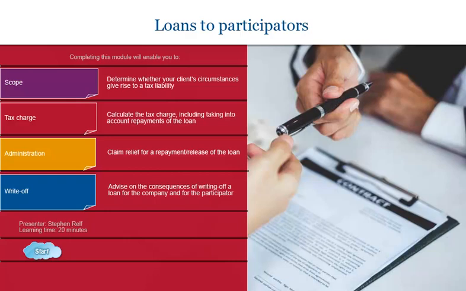Finally, we'll consider the consequences for the company and the participator where the loan is written off. Please note that we will not cover the separate but similar charge on arrangements which confer a benefit on a participator. Again, there is a link to guidance on this in your notes.